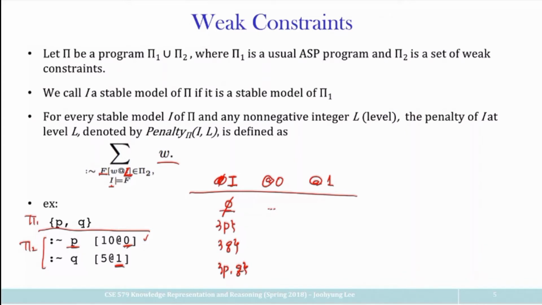No. So this constraint is not violated, so you don't actually get the penalty. That means you are getting the number 0. Okay? What about level 1? For the same interpretation, the level 1 weak constraint is this. Does the empty set satisfy Q? No. Again, it does not get the penalty, so it gets 0.